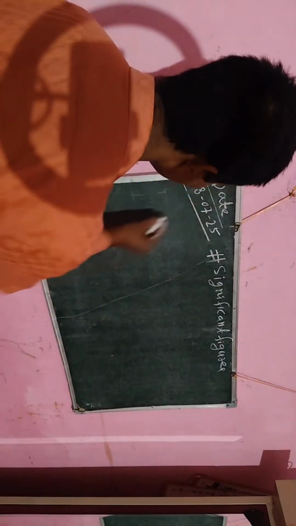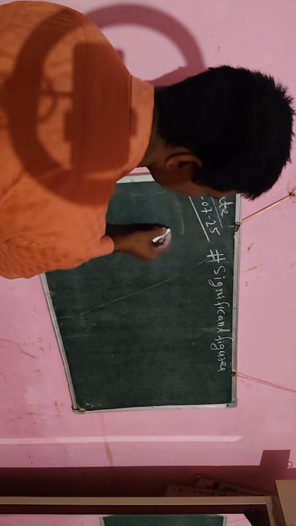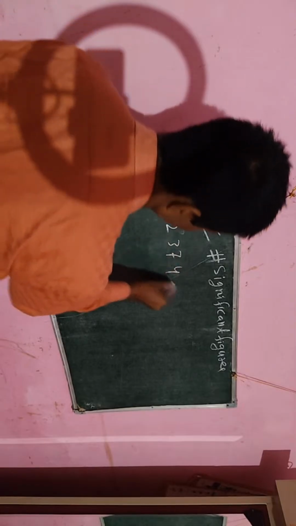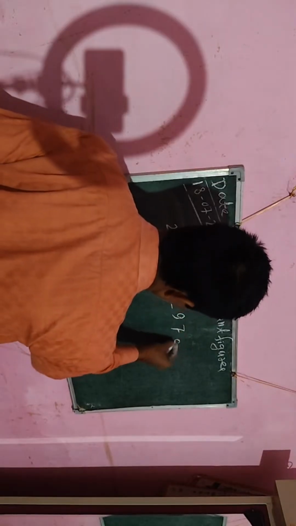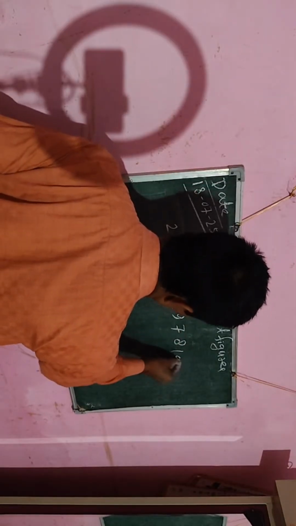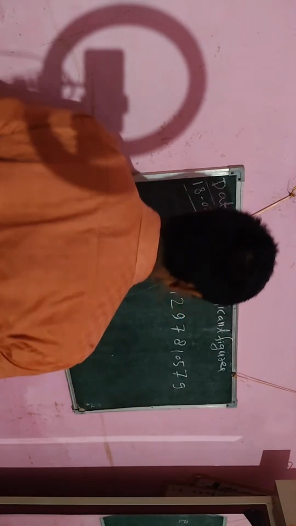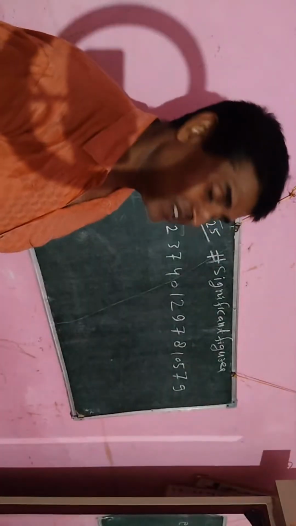Now if any number is written in this format, first of all I am going to say 2, 3, 7, 4, 0, 1, 2, 9, 7, 8, 1, 0, 5, 7, 9. So this is the number, and this number cannot be read easily.